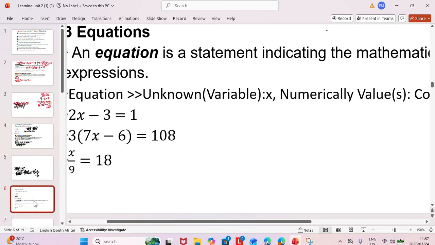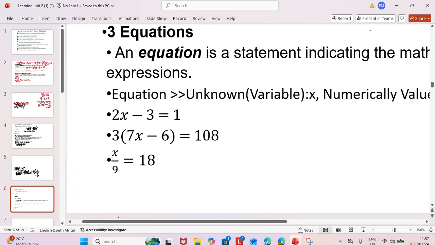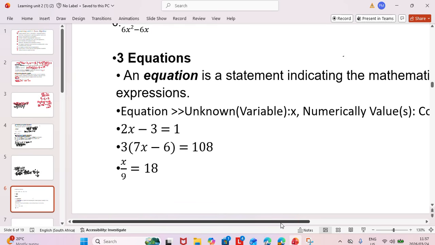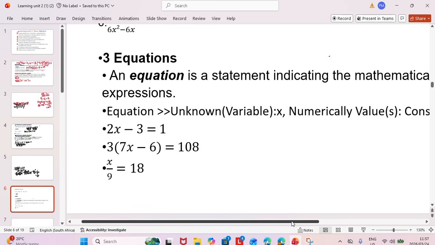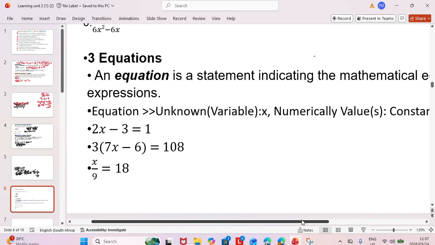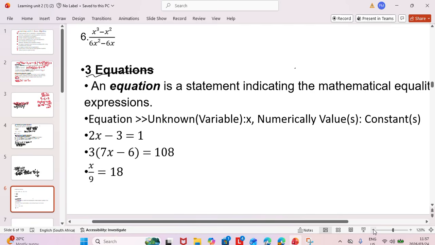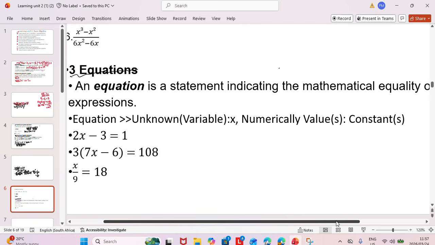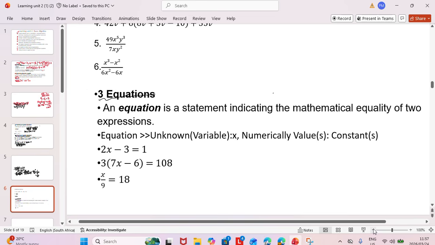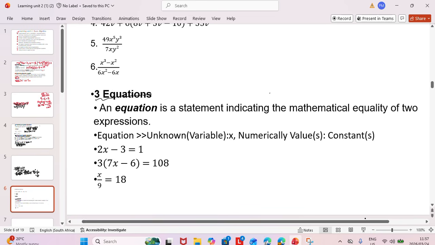Okay, so we need to move to learning outcome number 3. Learning outcome number 3, guys, we are going to introduce equations. An equation is a statement indicating the mathematical equality of two expressions.